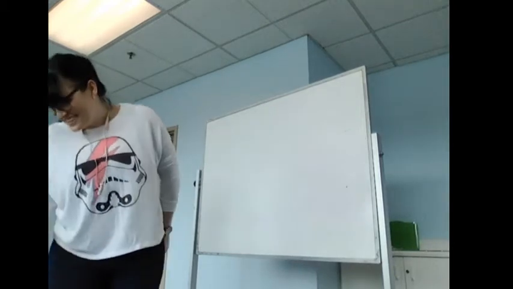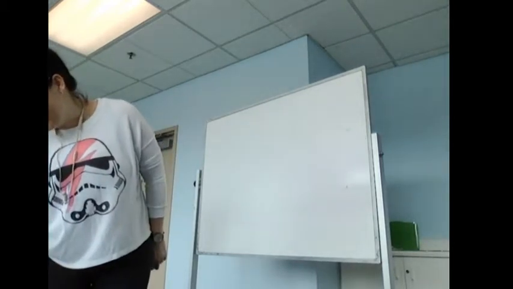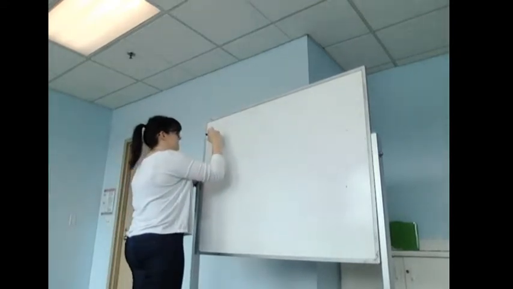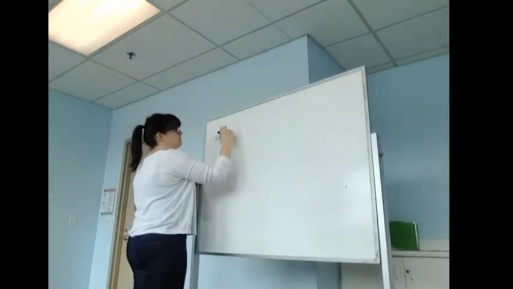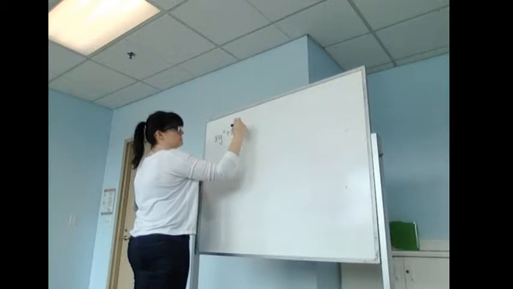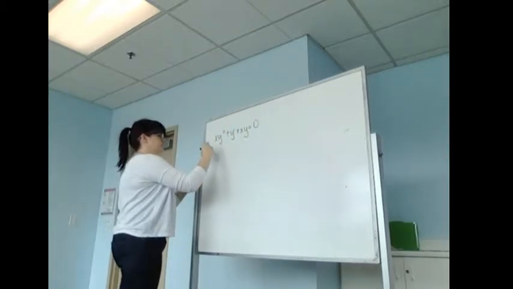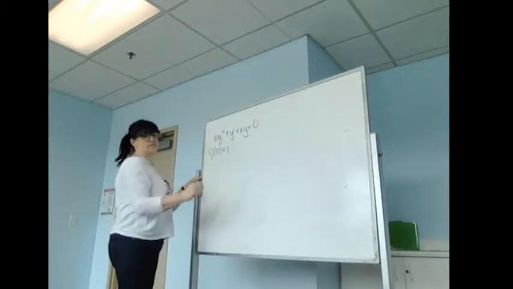So 61 says xy double prime plus y prime plus xy equals 0, and y of 0 equals 1.